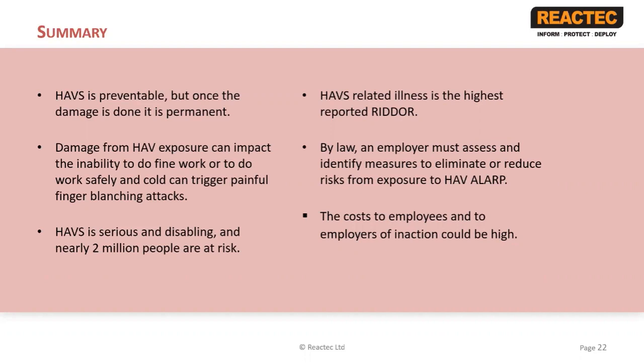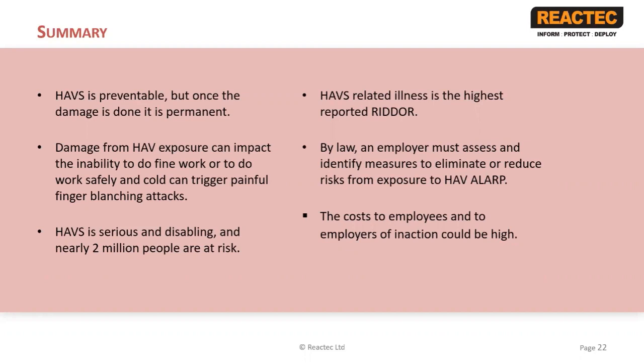Damage from exposure to hand-arm vibration can impact the ability to do fine work or to do work safely, and can lead to very painful attacks as a result of finger blanching in cold conditions. Hand-arm vibration syndrome is serious and disabling, and the HSE estimate that nearly 2 million people in the UK are at risk because of the work that they undertake.